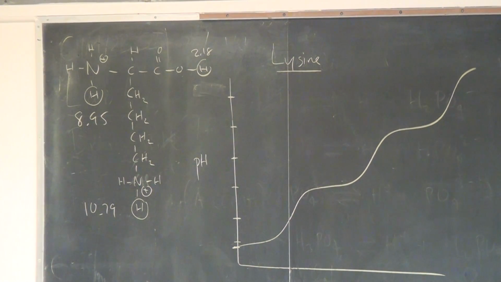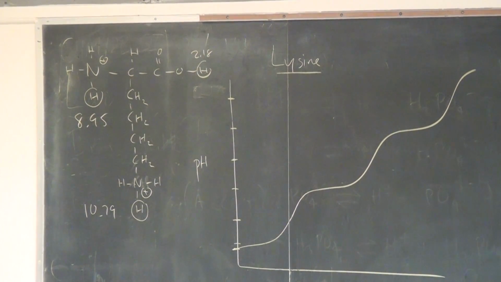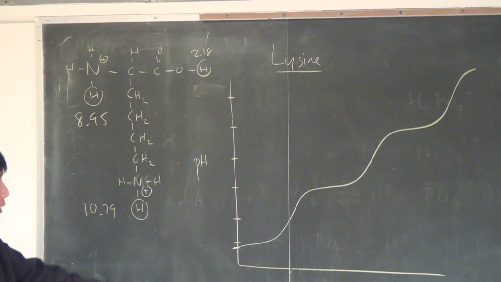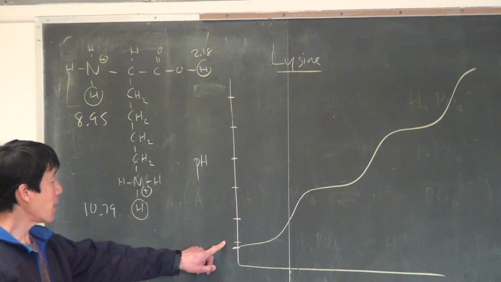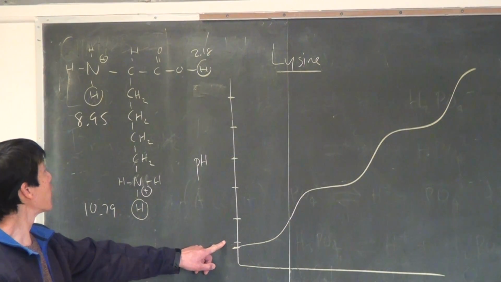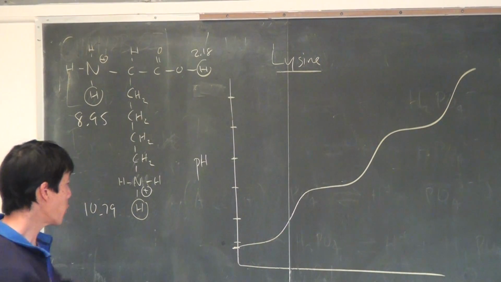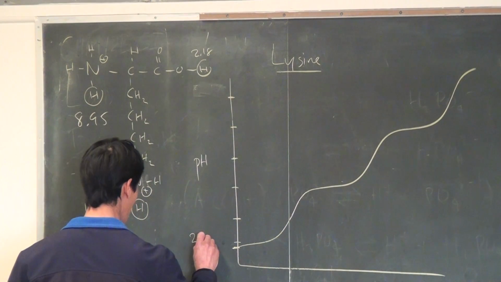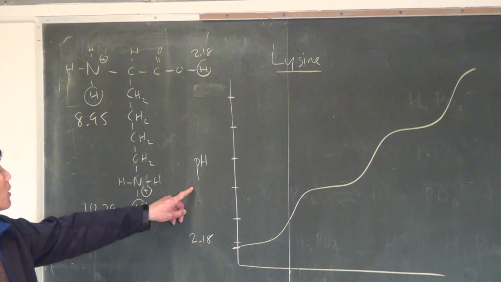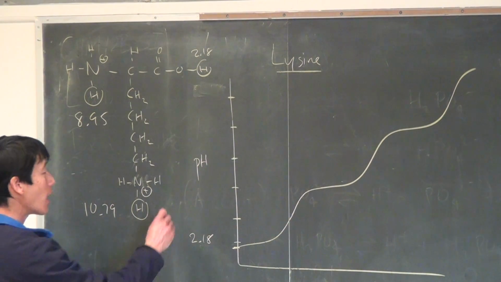Okay, so on your titration curve of lysine, what is the pH at the first halfway point? It should be at 2.18. And at the second halfway point, it should be at 8.95.